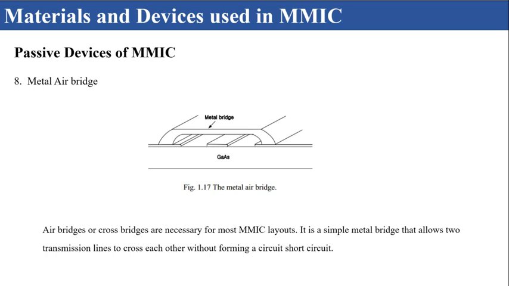Air bridges or crossovers are necessary for most integrated circuit layouts. It is a simple metal bridge that allows two transmission lines to cross each other without forming a short circuit.